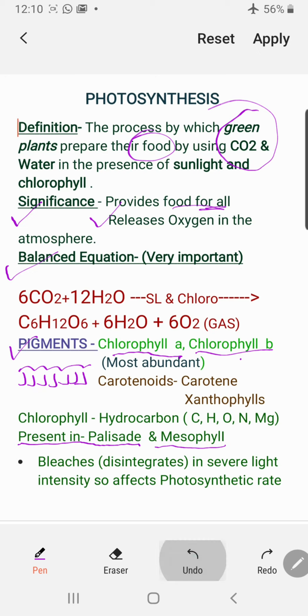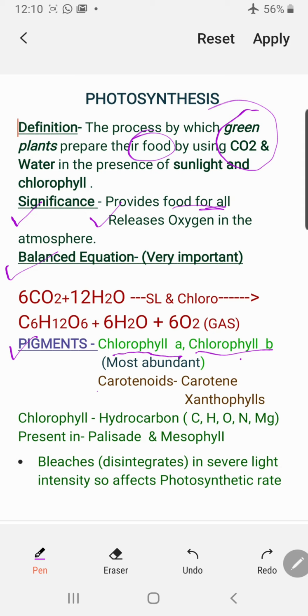This is just to give you a recap. Otherwise, I believe that you still remember it. But always remember that chlorophyll A and chlorophyll B, the most abundant photosynthetic pigments, are present in palisade and mesophyll cells. Right, children?